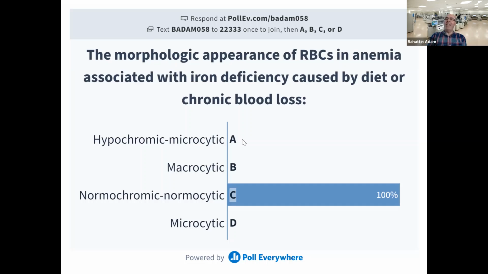And if you stain the erythrocytes, the stain is taken by hemoglobin. If you don't have enough hemoglobin, they will be hypochromic, with less staining than normal. The correct answer will be A.